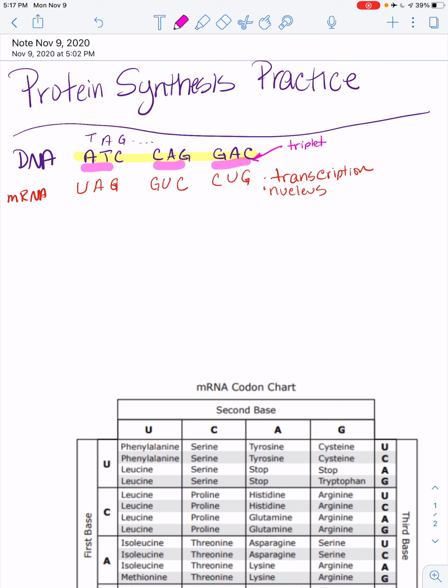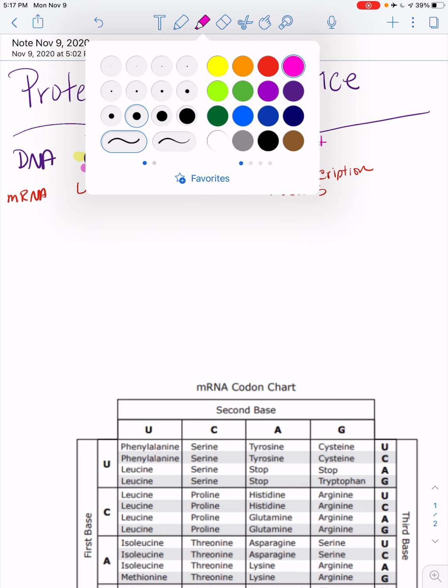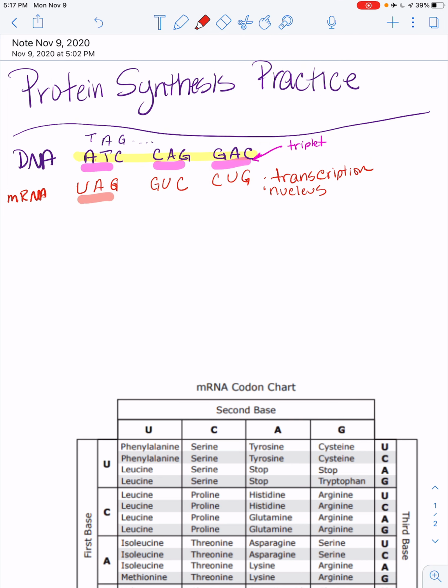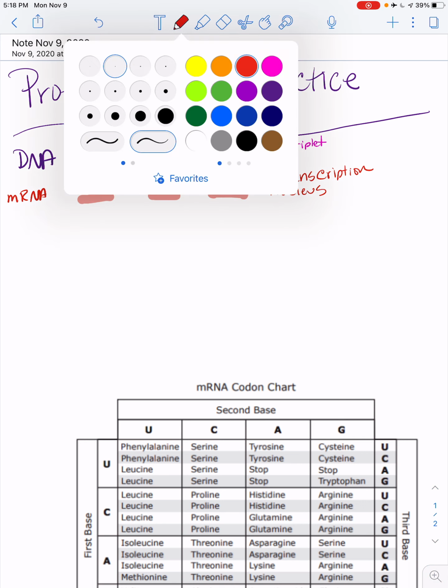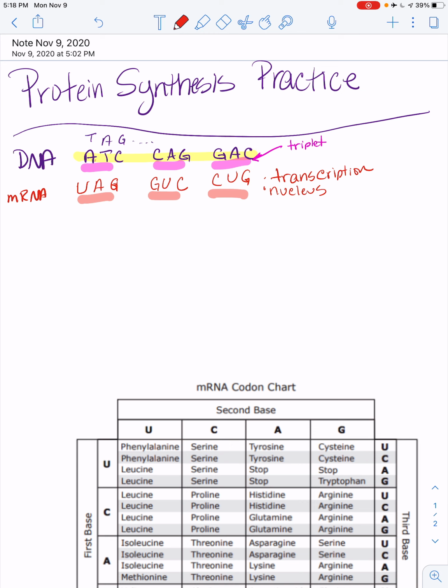And each group of 3 in mRNA, each of these are going to be called a codon. Okay, and so if this was happening in real life, that strand of mRNA would leave the nucleus and it would go find a ribosome either in the rough endoplasmic reticulum or in the cytoplasm.